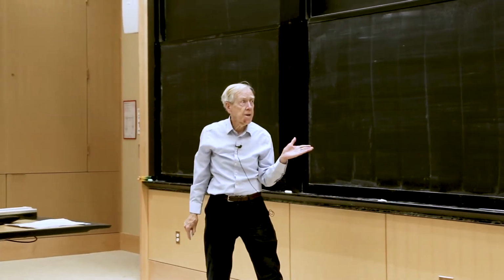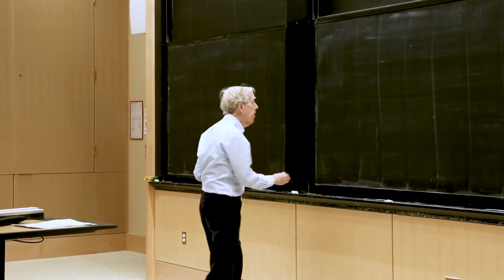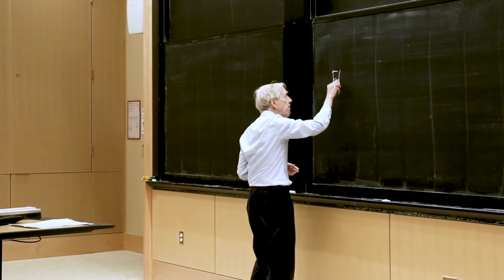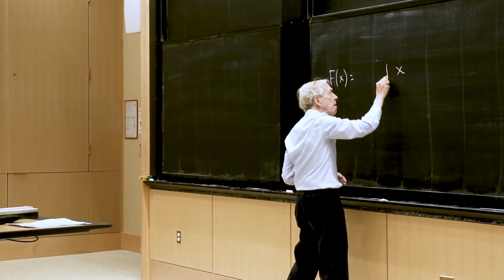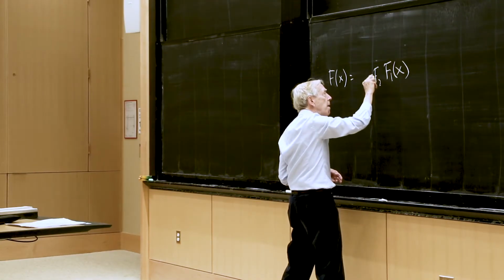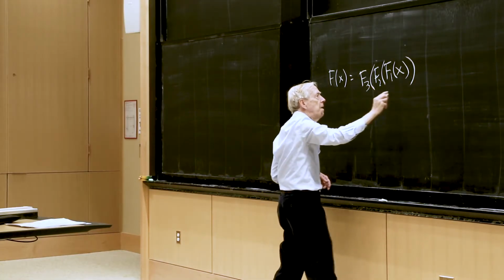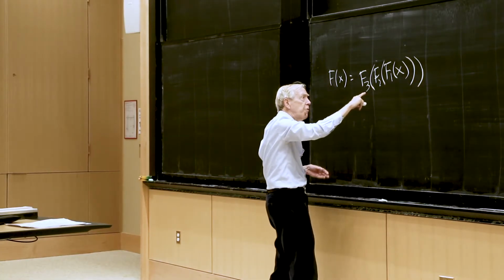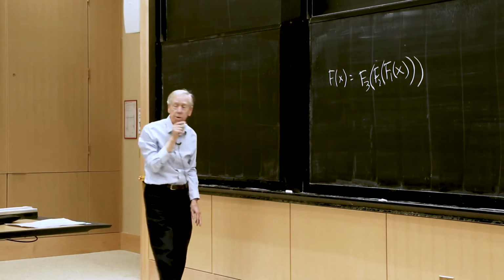The first section was about the structure of f of x. The key point is that I start with x and apply some function f1 of x. To that, I apply some function f2. And to that, I apply f3, giving f3 of f2 of f1 of x. And that's the thing whose derivative I need.